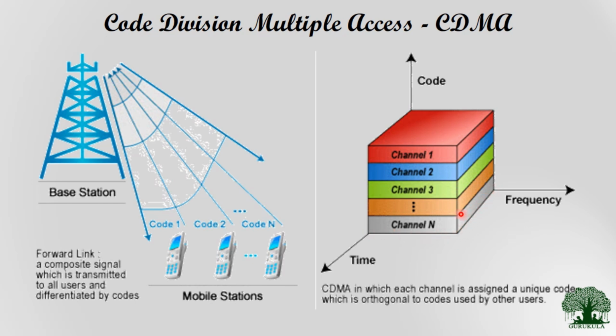Each and every user is differentiated with a code, so simultaneous transmission by all the users is possible. That is the key advantage of the CDMA technique when compared to the FDMA and TDMA techniques. This basic principle is what we call code division multiple access, where each user is separated with a code instead of time and frequency.